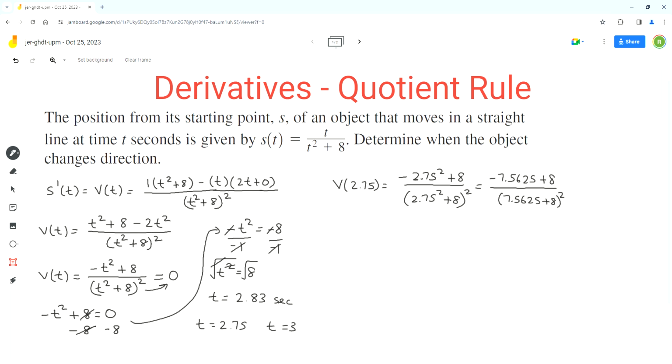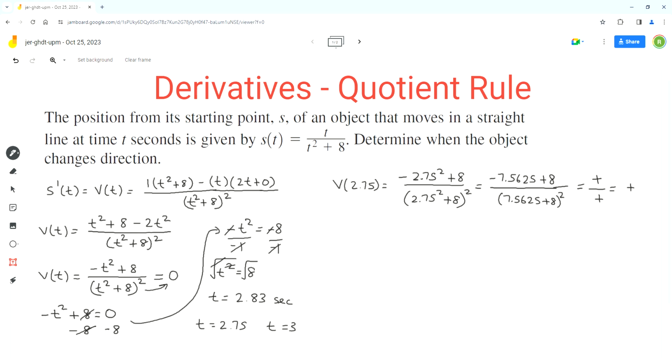Now based on these numbers, we can see that the numerator of this fraction will be positive and the denominator will also be positive. That means the velocity to the left side of the time we got, 2.83 seconds, is positive.